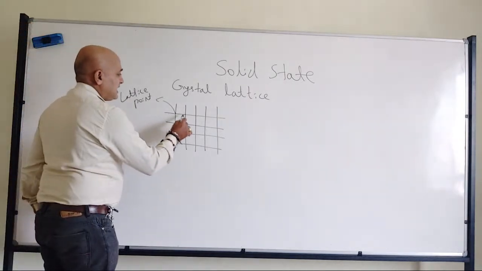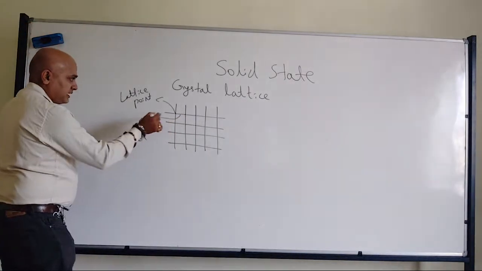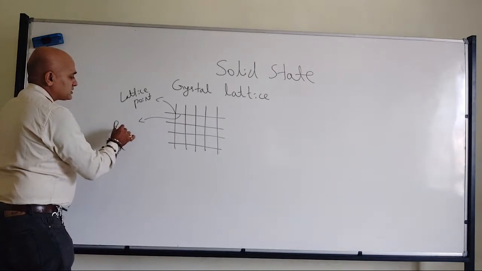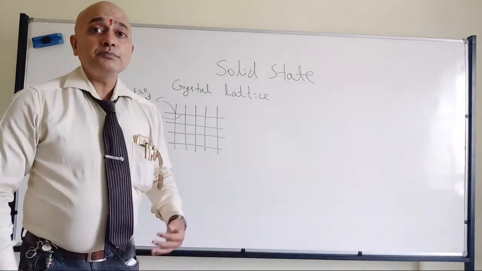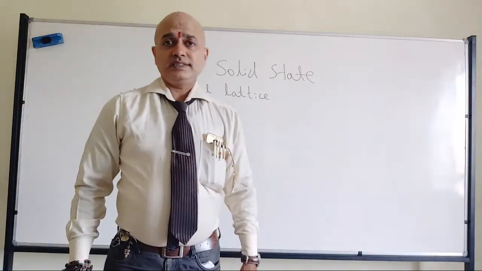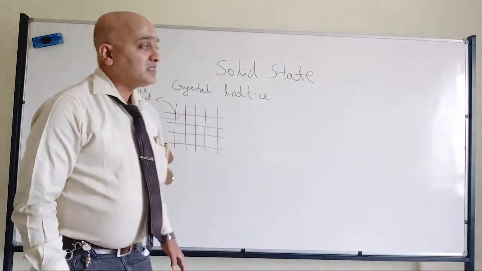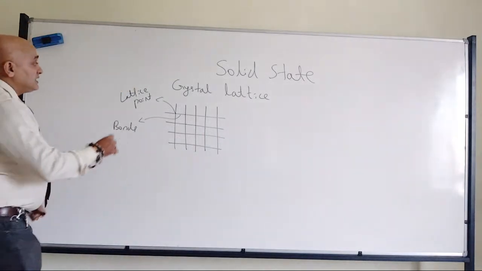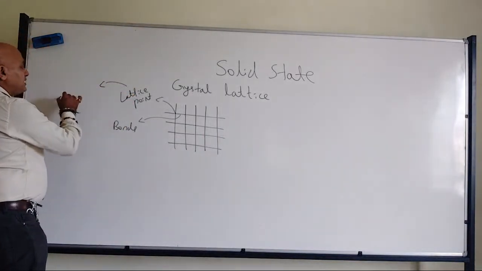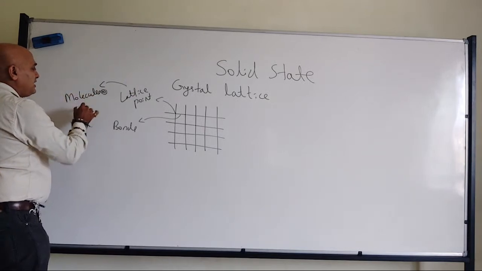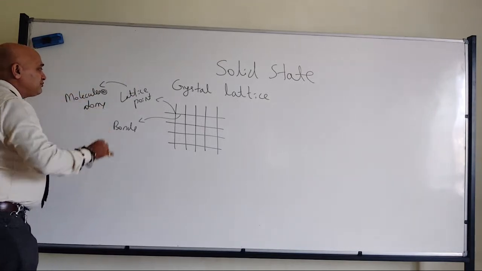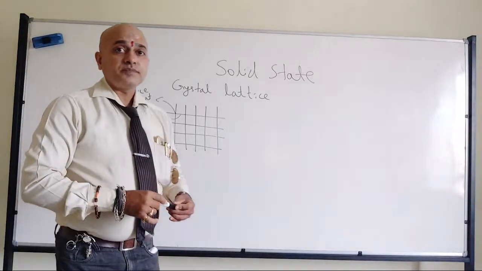And these lattice points are interacting with bonds. The lines indicate the bondings present between these lattice points. What are these lattice points? Lattice points are nothing but molecules or atoms involved in that crystal structure.